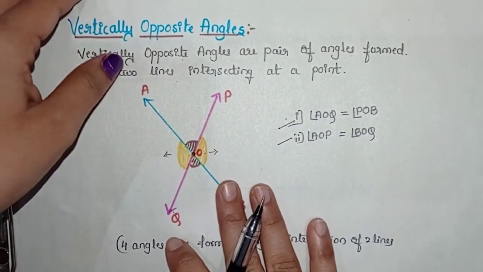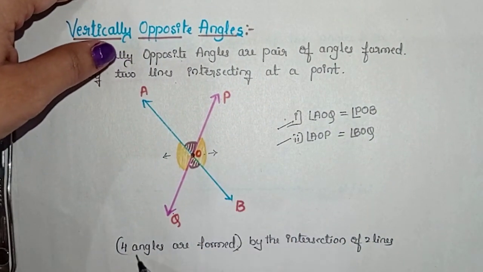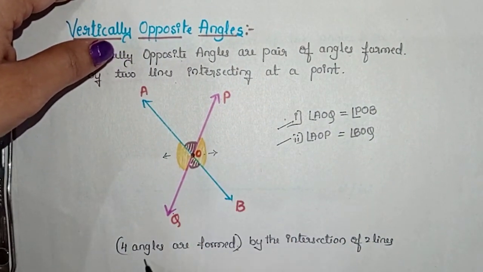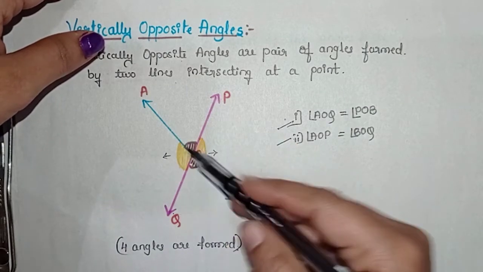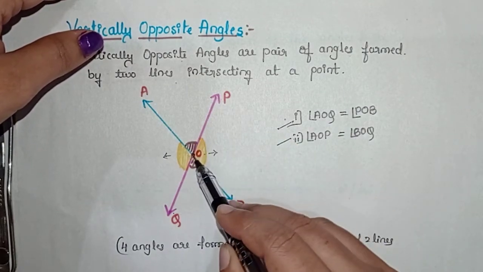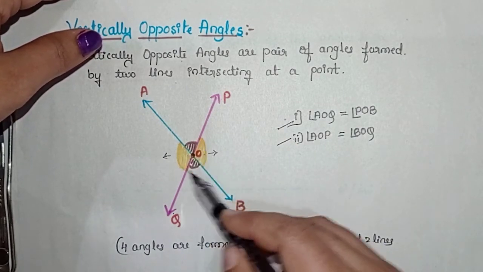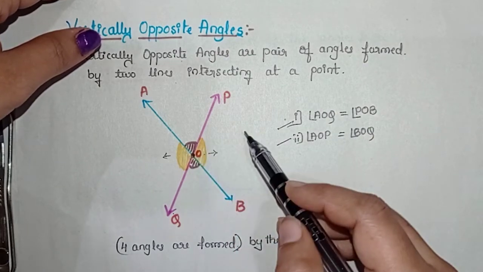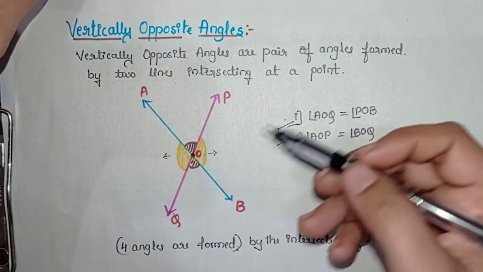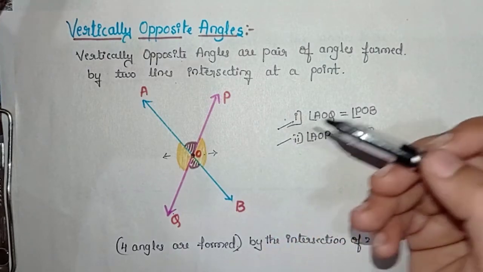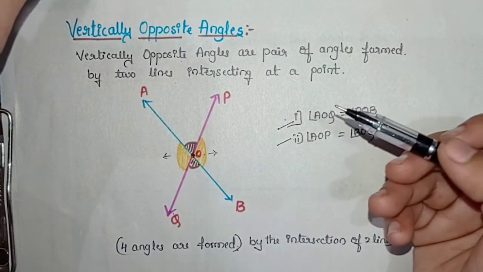Here there are two lines intersecting each other at the point O, and we got four angles and two pairs of vertically opposite angles. When more lines intersect each other, the case is different. We will get more vertically opposite angles.